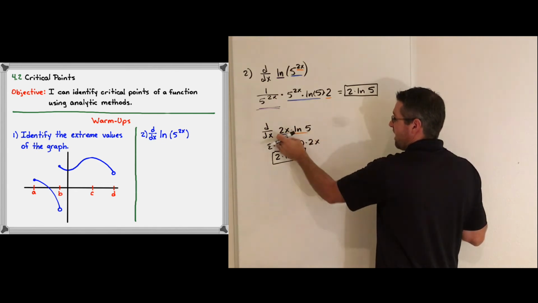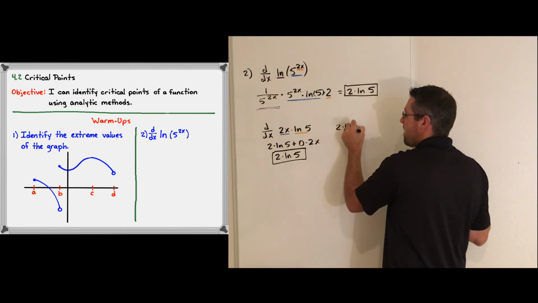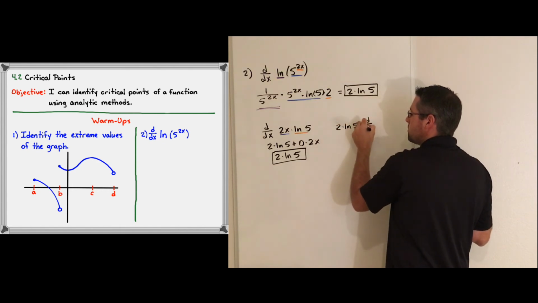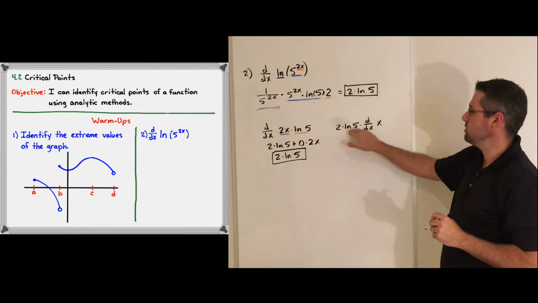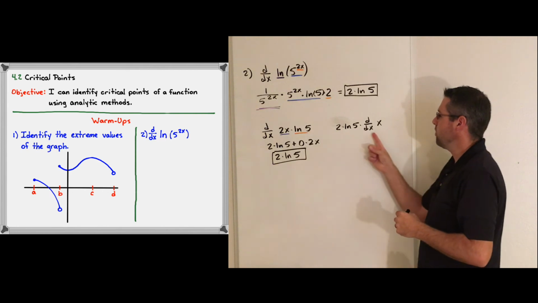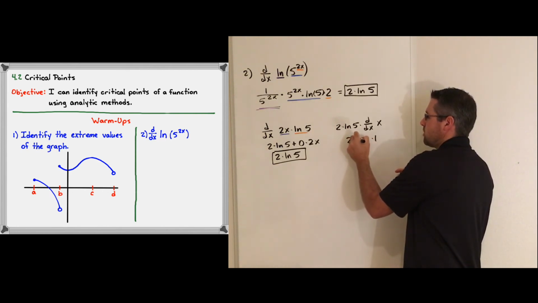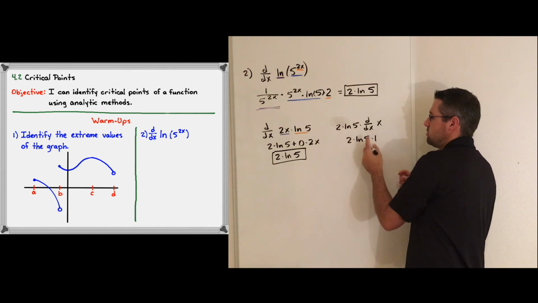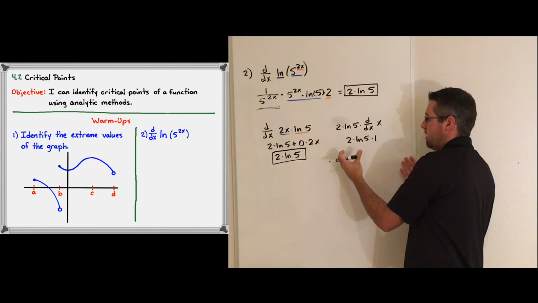We have natural log of 5 and 2. So that's the same as saying 2 times natural log of 5 times the derivative in respect to x of just x, because the 2 and the natural log of 5 are both constants. Well, the derivative of x is just 1, and then those are constants, so the constant multiple rule says you just take the constant and multiply it by the derivative of whatever leftover you have as a function. So that's pretty simple. That's just 2 times natural log of 5.